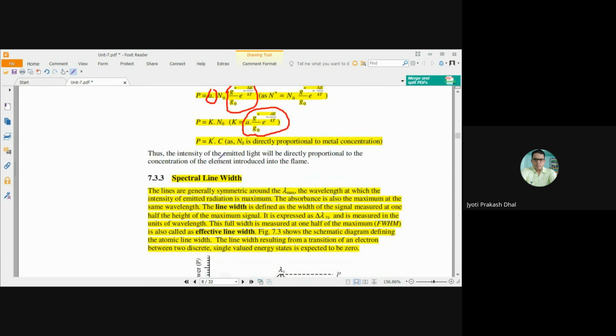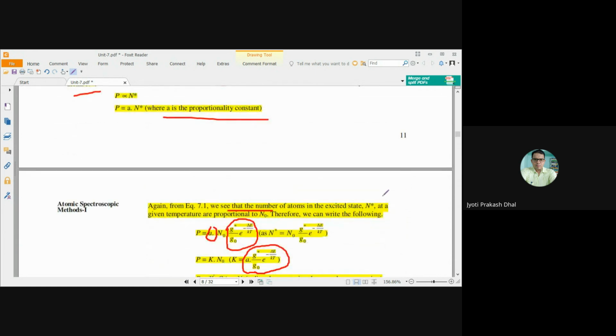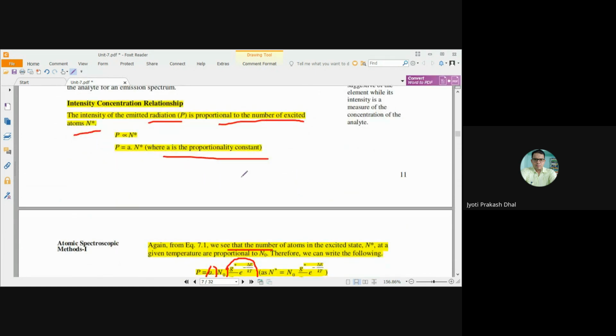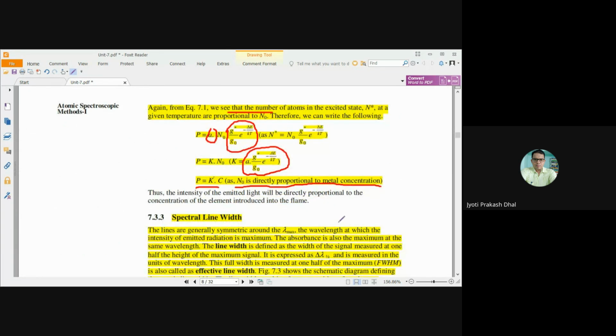And hence we can write P equals K dash into C, because n naught is directly proportional to the metal concentration. So what is n naught? N naught is the number of atoms present in the ground state, that is directly proportional to the number of metal atoms present in the sample.